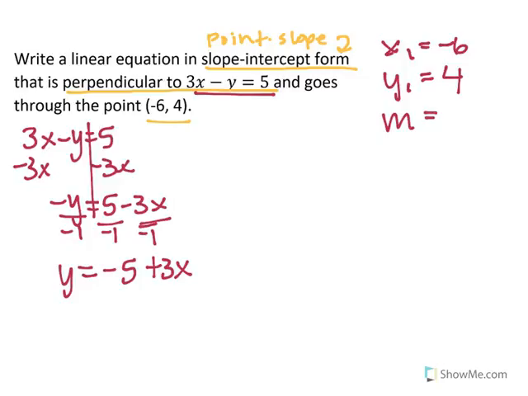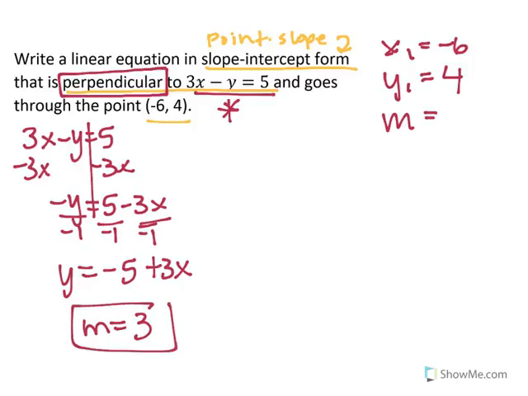So we have the slope of the given line. Here m equals 3. But we're told that we want a line that's perpendicular to this line. A slope that is perpendicular to 3 will be the negative reciprocal. So the negative reciprocal of 3 is negative 1/3.